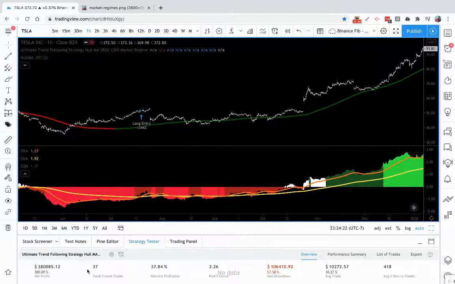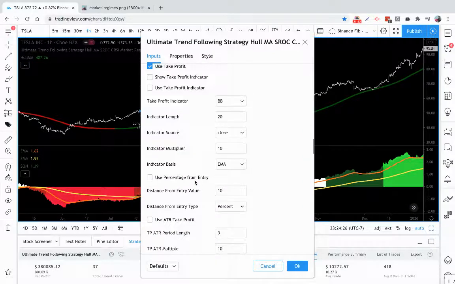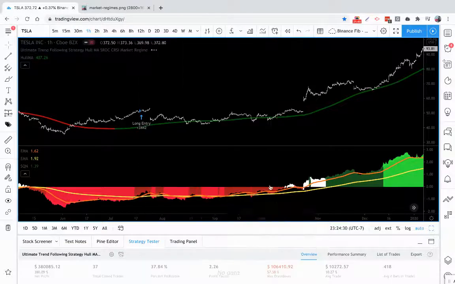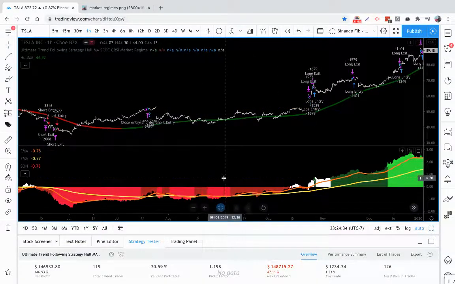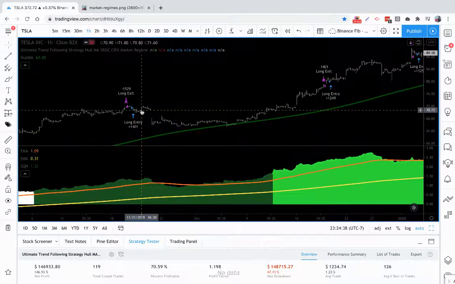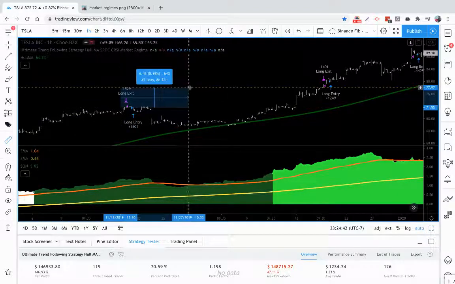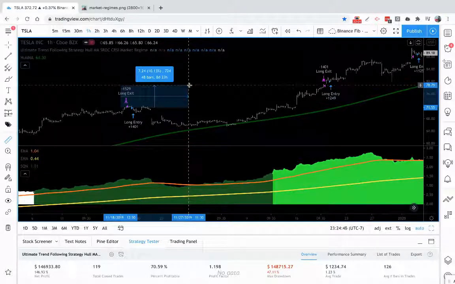So let's see that visually on the chart now. So we have use take profit, and then if we want to use percentage from entry, there we go. So we entered here, and so we got 10% in profit.